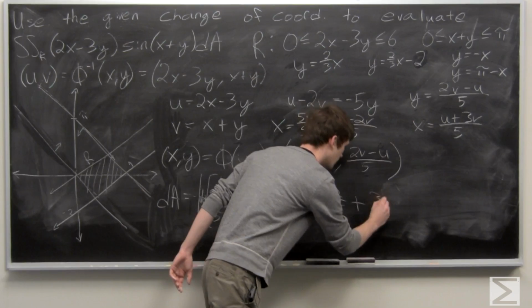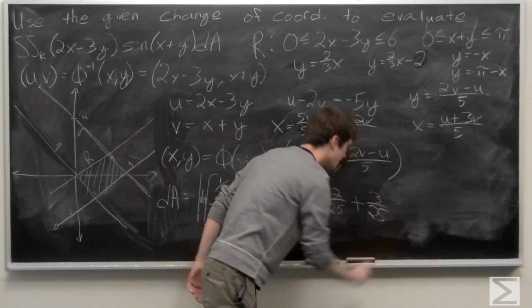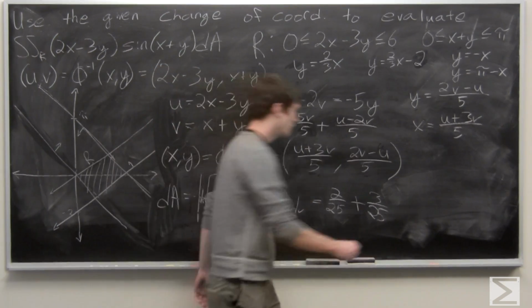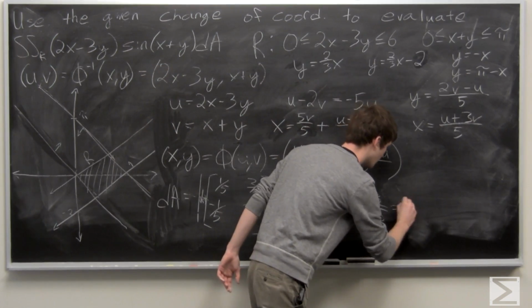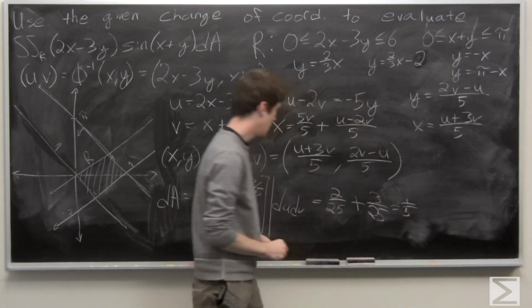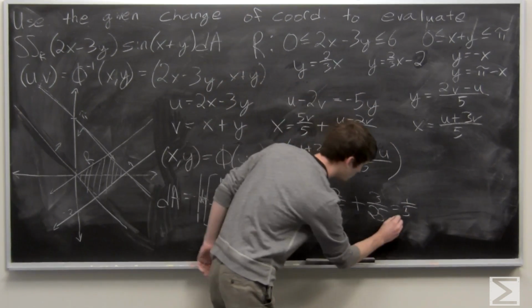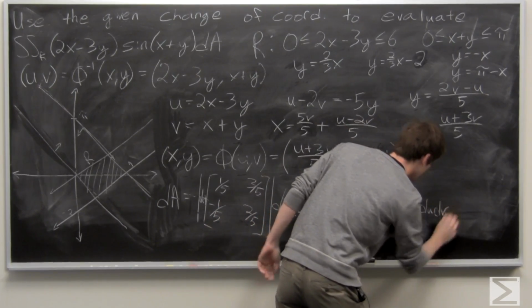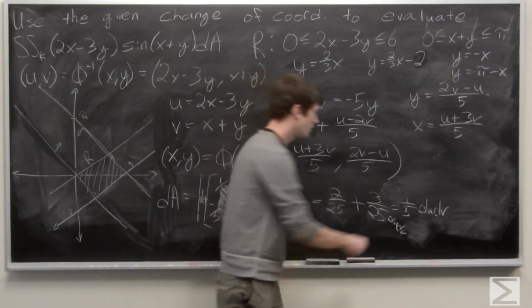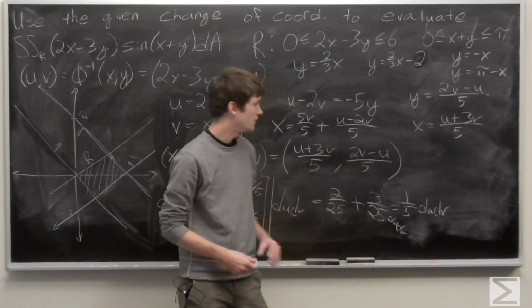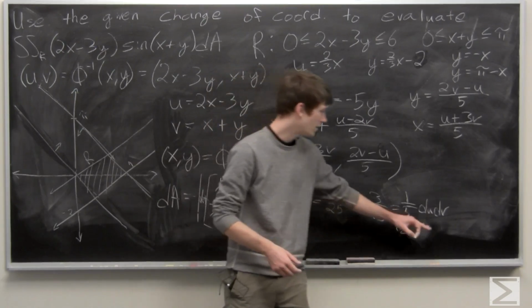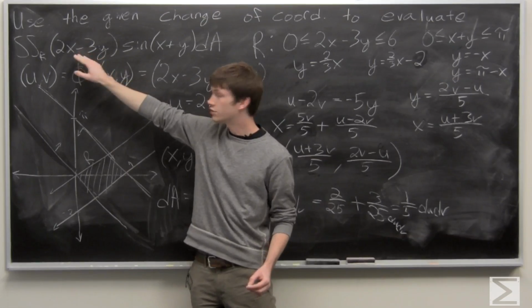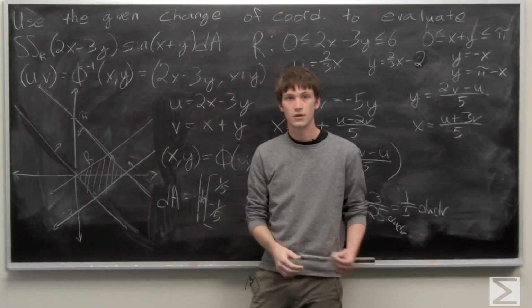So we can add 3 out of 25, which simplifies to 5 out of 25, or 1/5. And this should be 1/5 du dv.